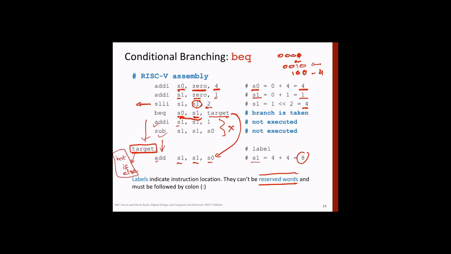You cannot have any variable or label in the program which is a reserved word. What I am telling you is actually for the C language. For assembly also, we have certain reserved words, so we can't use them. For example, target cannot be add. You cannot define target as add, because add is used for something else, and when the assembler looks at the label add, it will get confused. So there are certain rules you have to follow to define the label field.